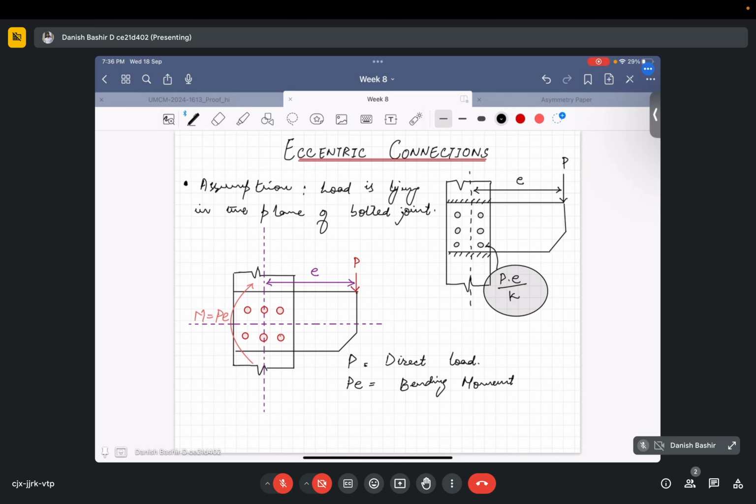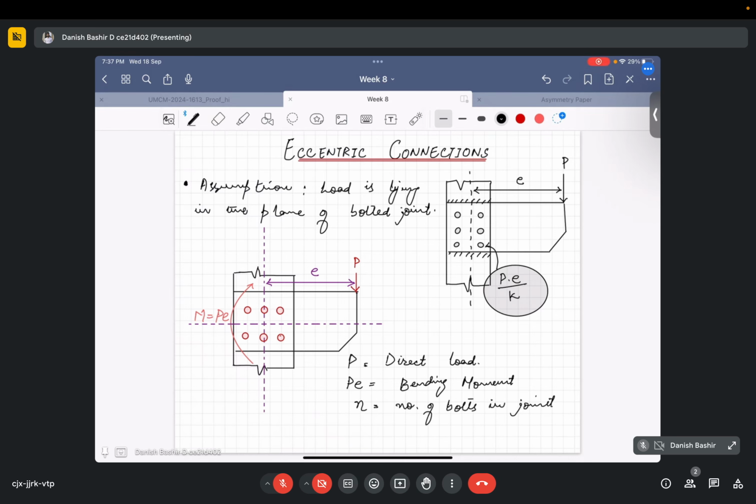What else is there? The direct axial shear on each bolt. So I am assuming that n is the number of bolts in the joint.